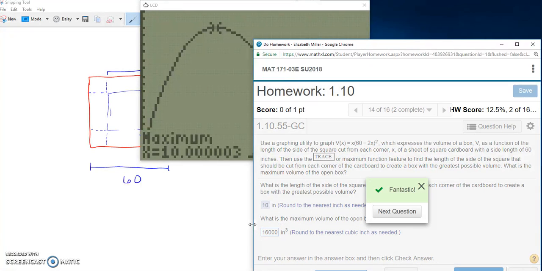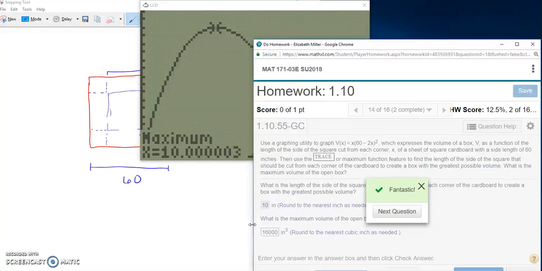Okay? So hopefully that helps with the questions about the window. Honestly, it's very flexible. You could have picked different numbers and this still would have worked out. You just needed to pick window ranges that let you see the full picture of the graph, the main part of the graph.